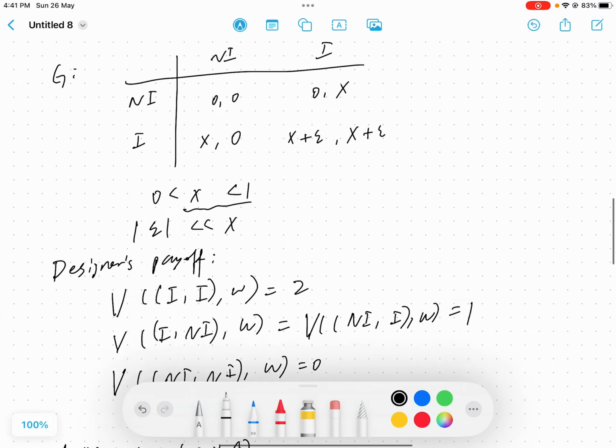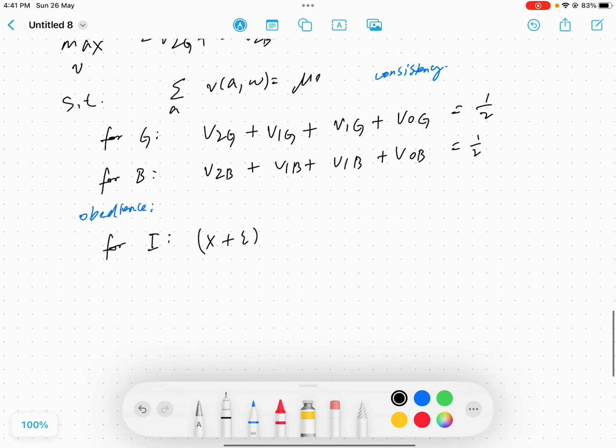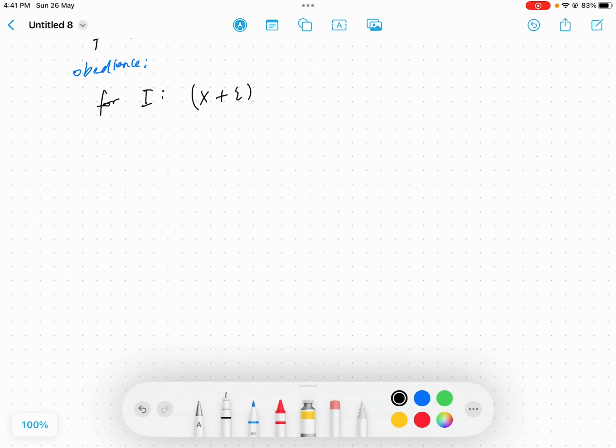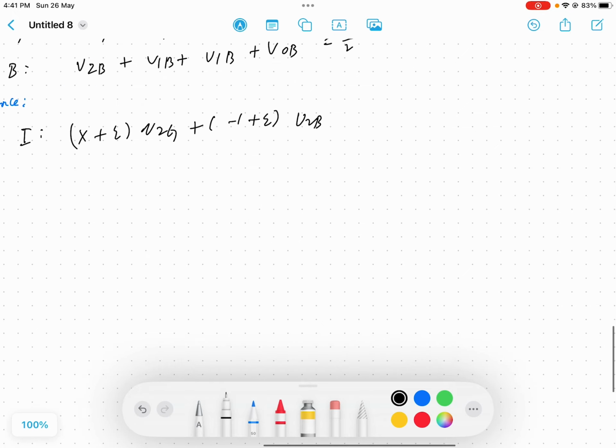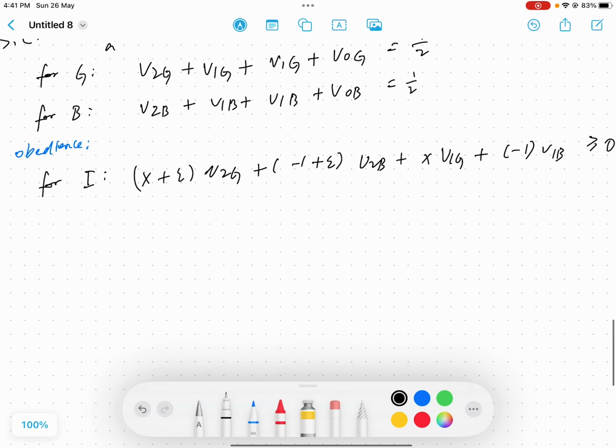So you can refer to those payoffs from here, right? So it's x plus epsilon times V2G plus minus 1 plus epsilon V2B, okay, plus x V1G plus minus 1 V1B. And this is just a positive number, and this 0 is from the deviation, okay.